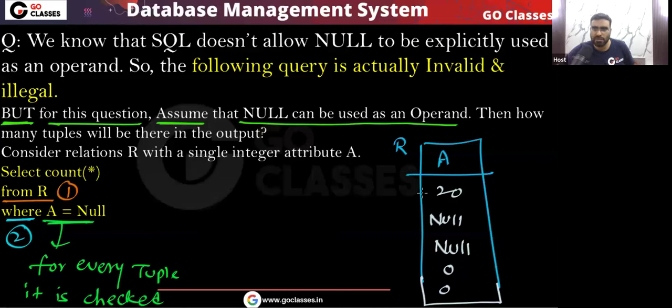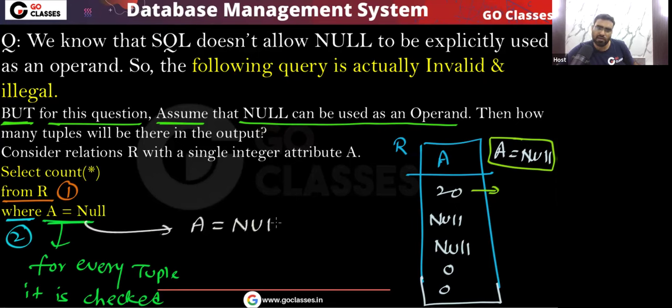So you tell me, for this tuple, the condition A equal to null, what will this condition become? Is this a comparison? Yes, this is a comparison with null.